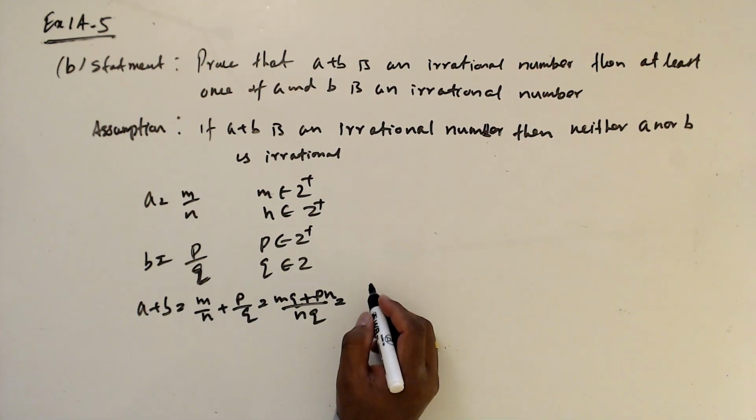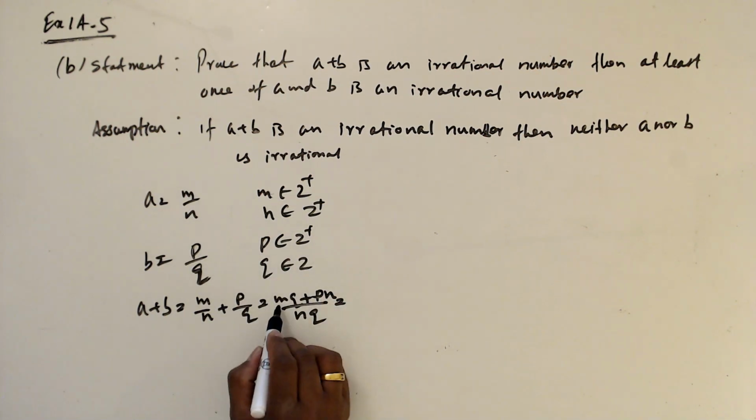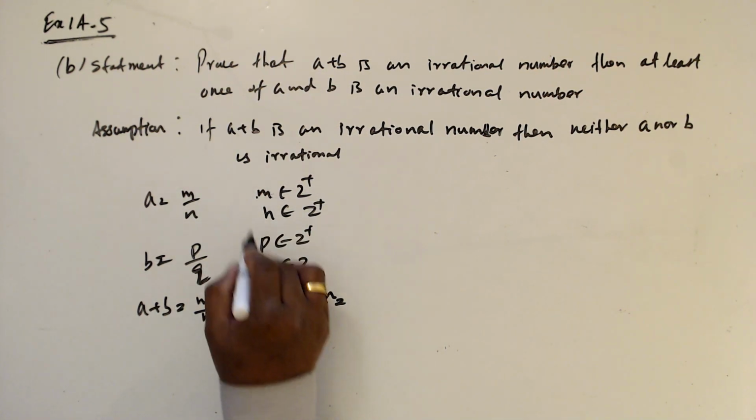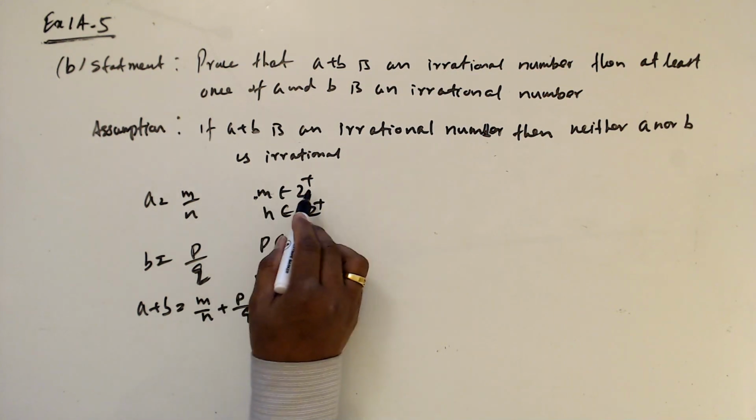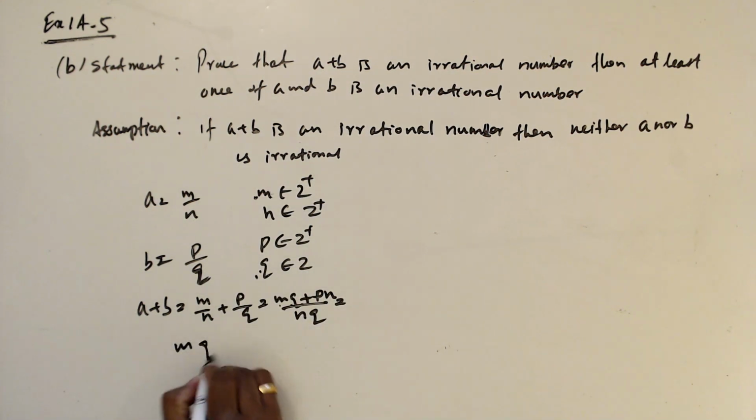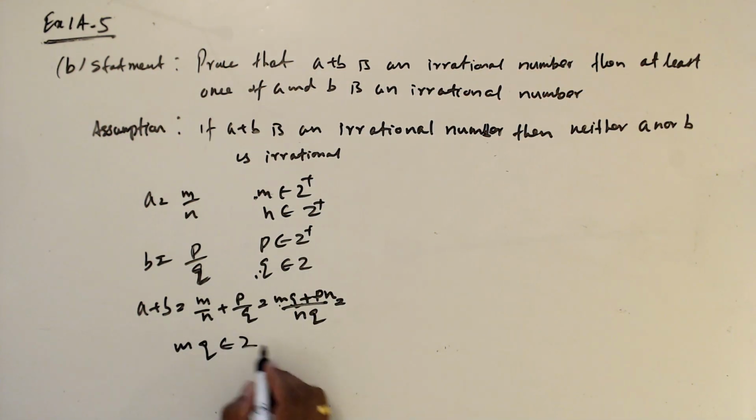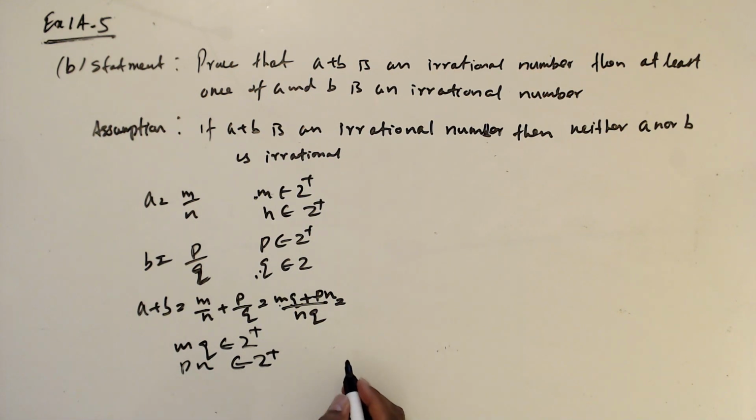So mq: m is an element of Z and q is an element of Z, hence mq is an element of Z, and the same for pn.